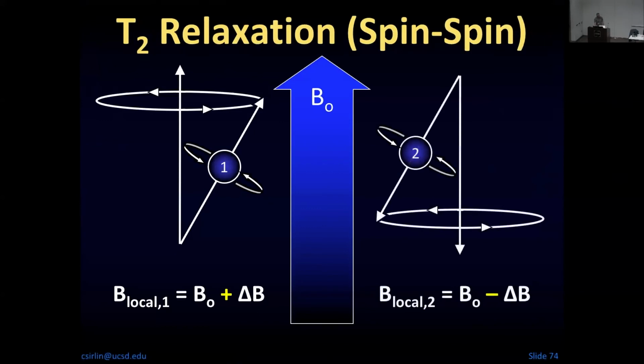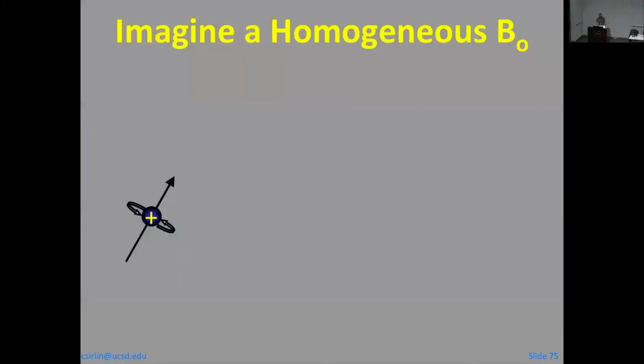Now similarly, what if you have a proton that's pointing down? Well, then the magnetic field again is not B0, it's B0 minus a little amount of magnetic field accounted for by this negative magnetic dipole moment. So as soon as you put protons into this beautiful magnetic field, it's no longer so beautiful.